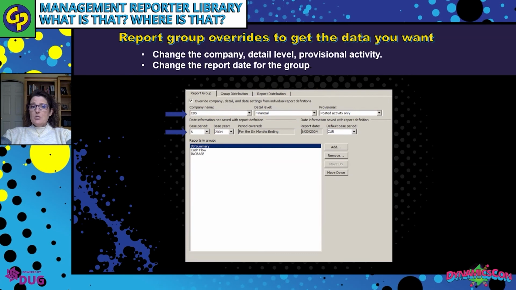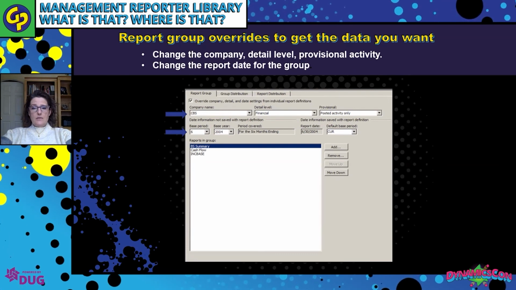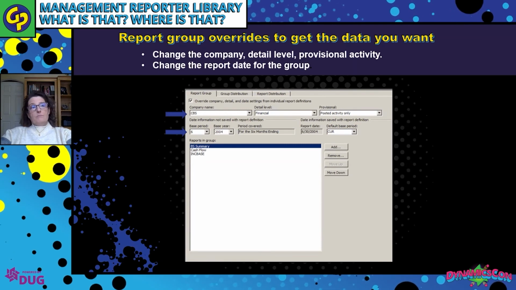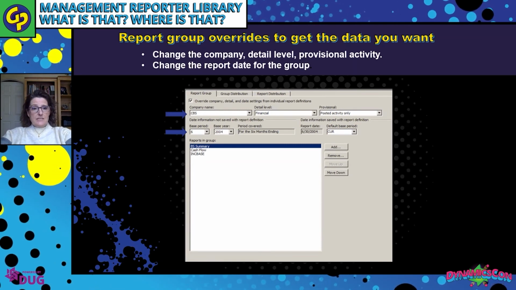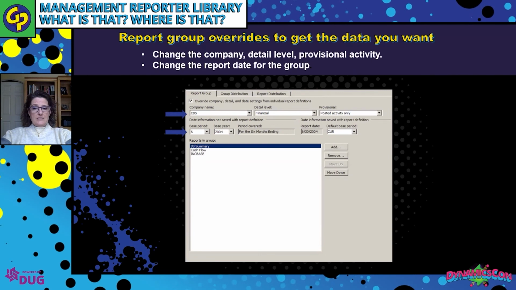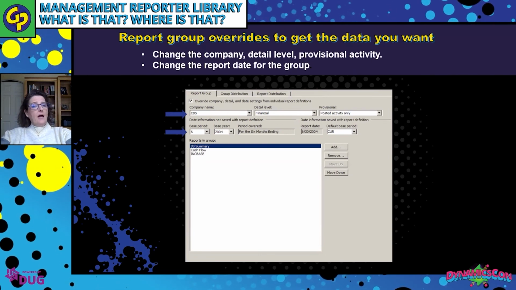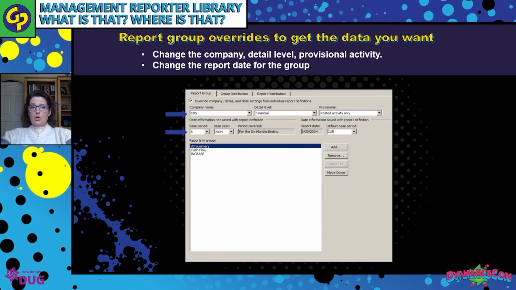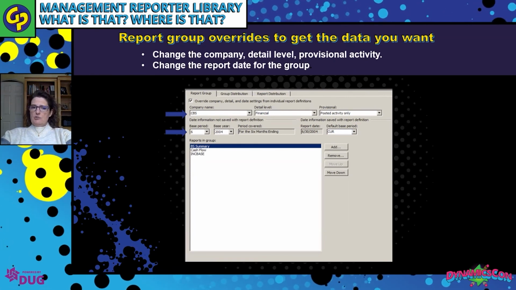If you decide not to override those, because maybe you need the income statement to run down to a detail level, and maybe the balance sheet only needs to stay at a financial level, you may not want to check that button. But as soon as you deselect that override button, you lose the ability to change your date.